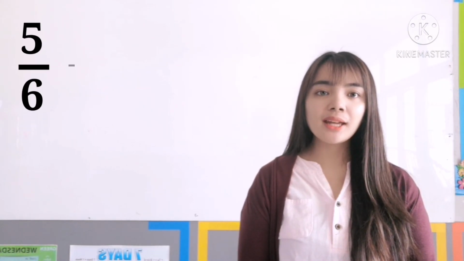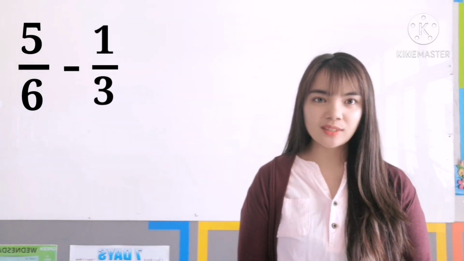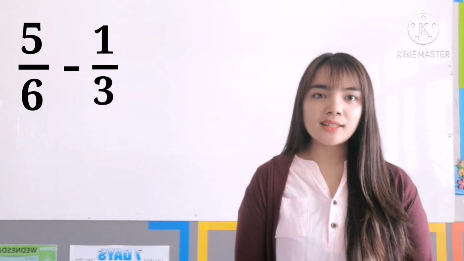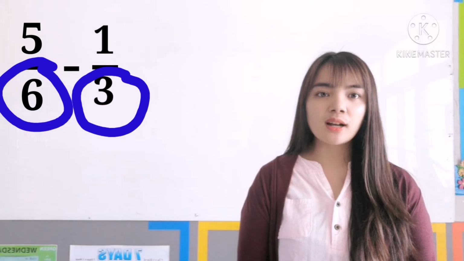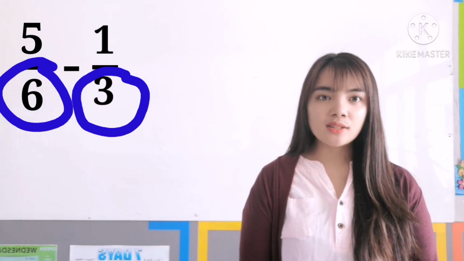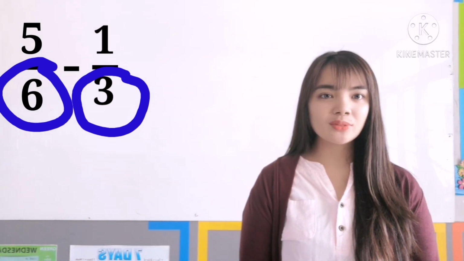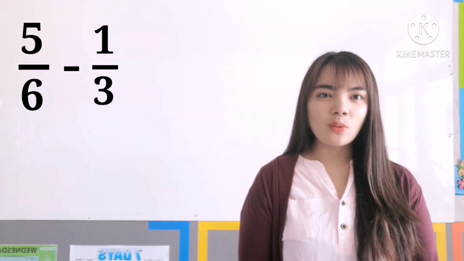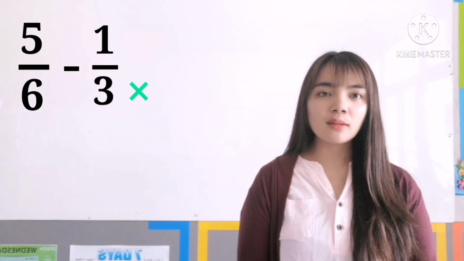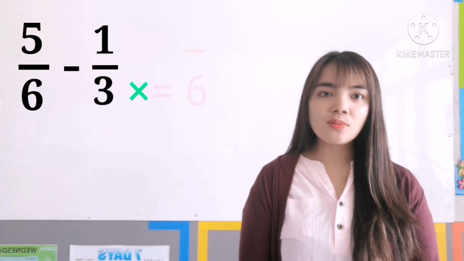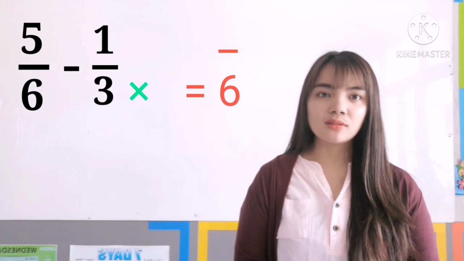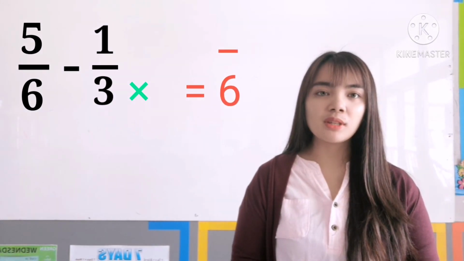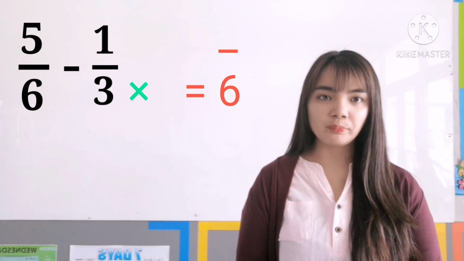Second, we have 5/6 minus 1/3. You can see that our denominators aren't the same. So what are we going to do? We need to find a number that we can multiply by 3 to make it 6, so that both denominators have the same value.